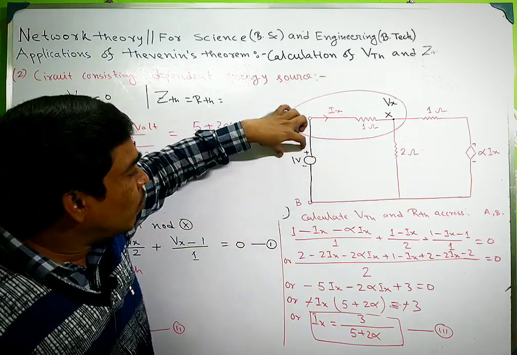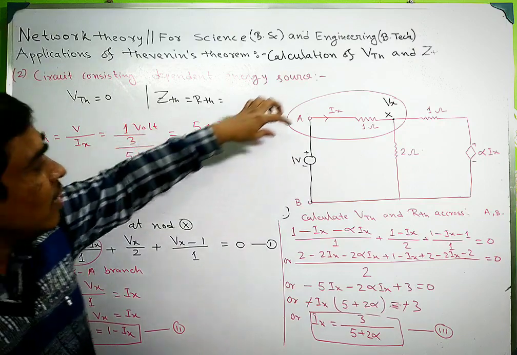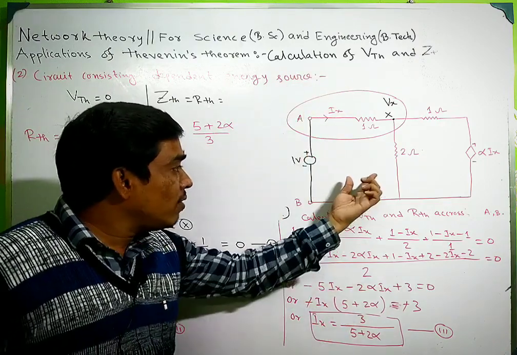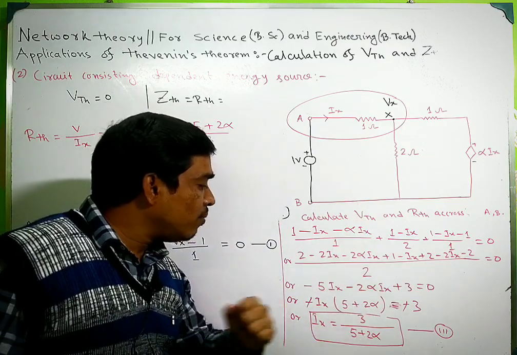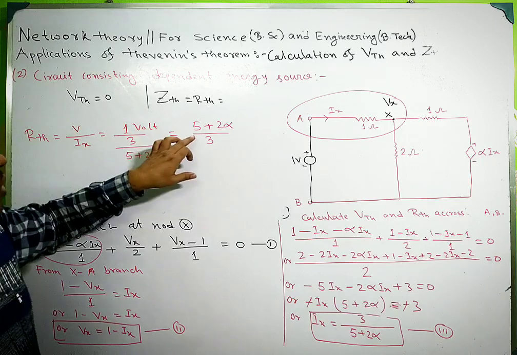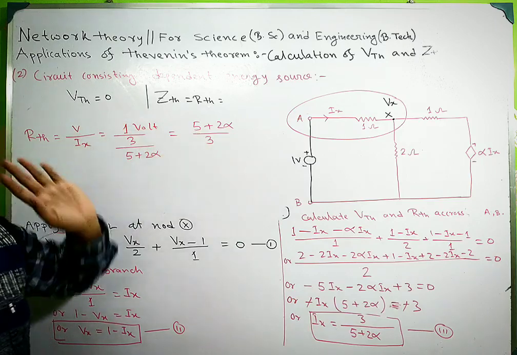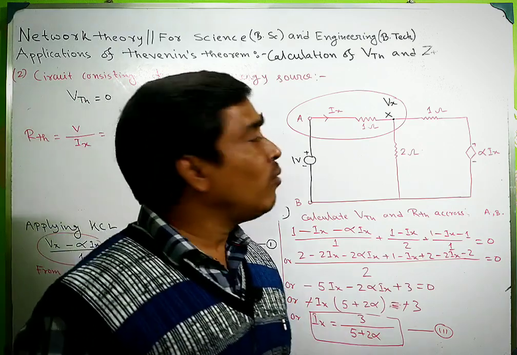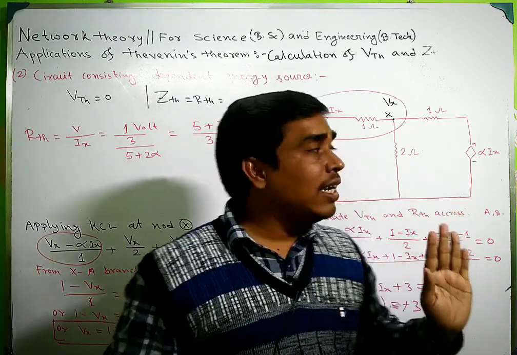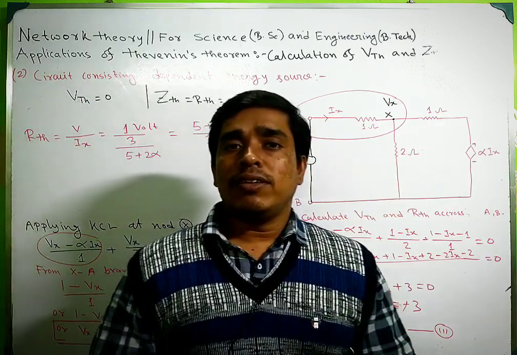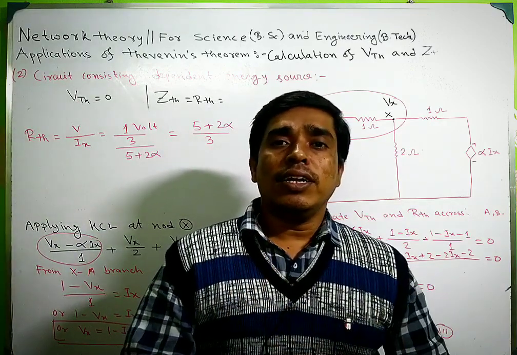This voltage is 1 volt and the current I have already calculated for this circuit is 3 divided by (5 plus 2 alpha). That's why RTH equals (5 plus 2 alpha) by 3. In this way you can calculate the RTH and VTH of a circuit consisting only of a dependent source.